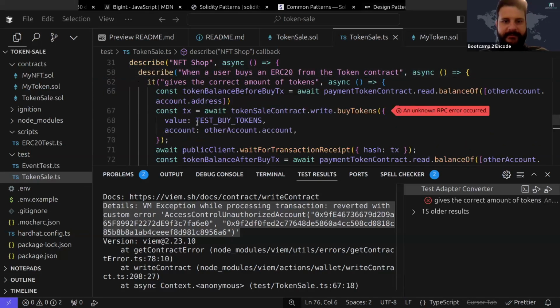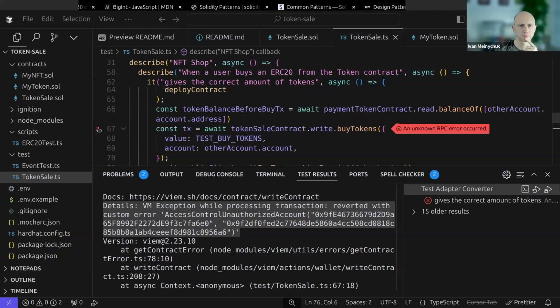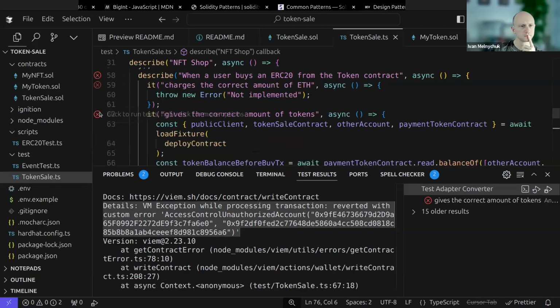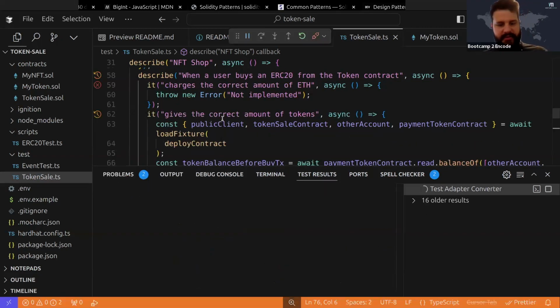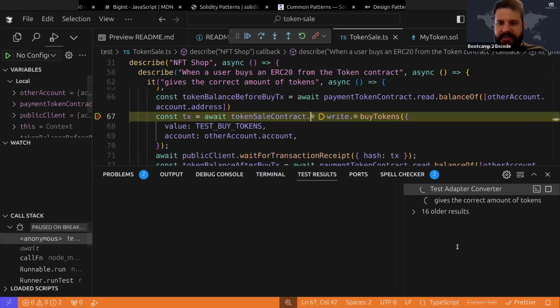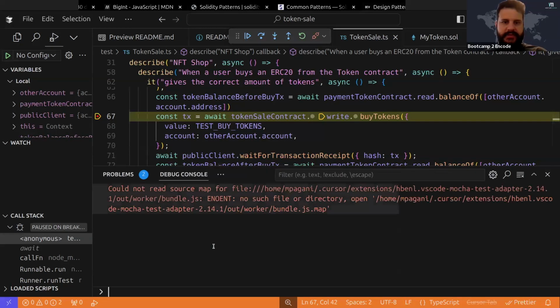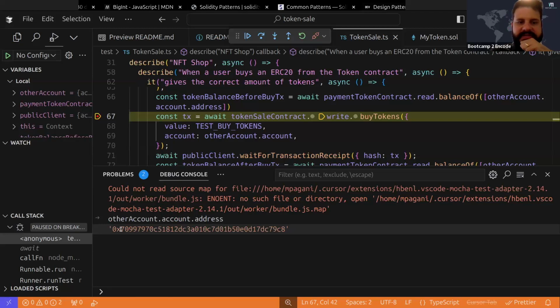Let's do a debug before we buy tokens. We do a debug here. I told you that this extension would be very useful. So the account 0x9FE46 is missing the role 9F2D. Okay. So the buyer, the other account address, is the account address 0x709979.